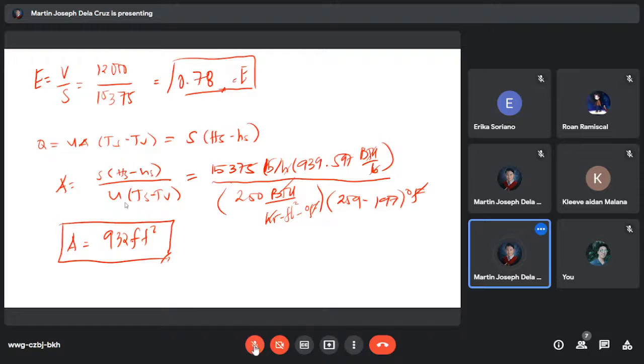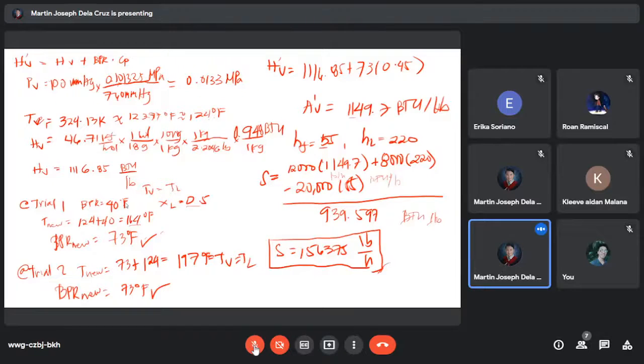And then steam natin is 15,100. Ay, ito class, mali ito. Should be 15. S is 15,375 pound. Walang 6 yun. Okay? So, ayun ang lahat yung class.